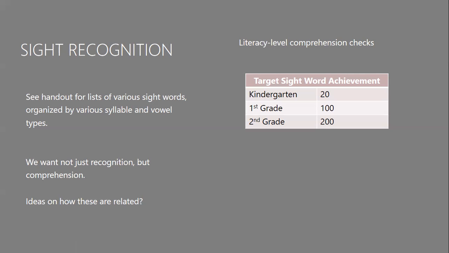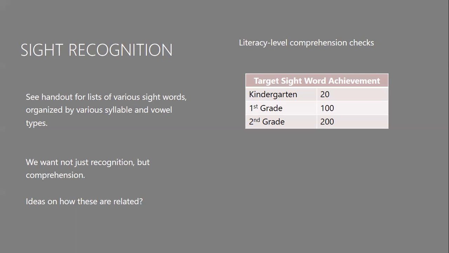So, I had just been talking with a volunteer the other day about target sight word achievement in our public schools, just to get a gauge of where our ESL students may or may not be. In kindergarten, it is recommended that they end with about 20 sight words. This is from a couple different sites.